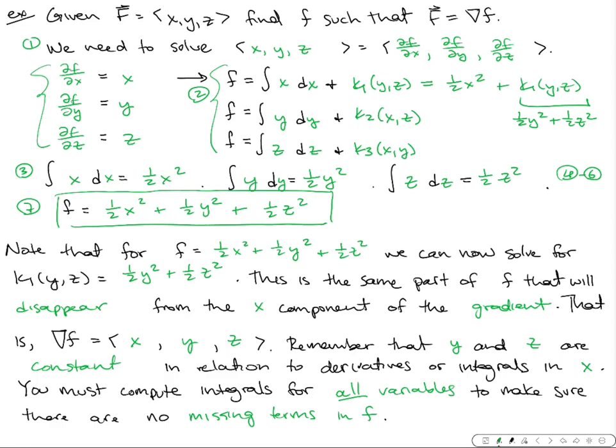Because if you integrated with respect to only one variable, like if we integrated x dx and stopped there, we would never pick up those y and z constants that don't show up in the derivative with respect to x.